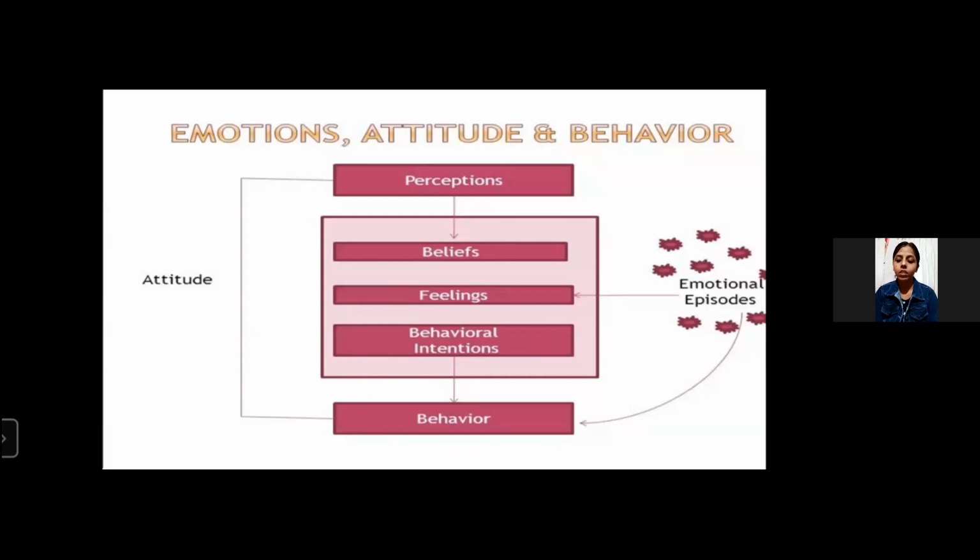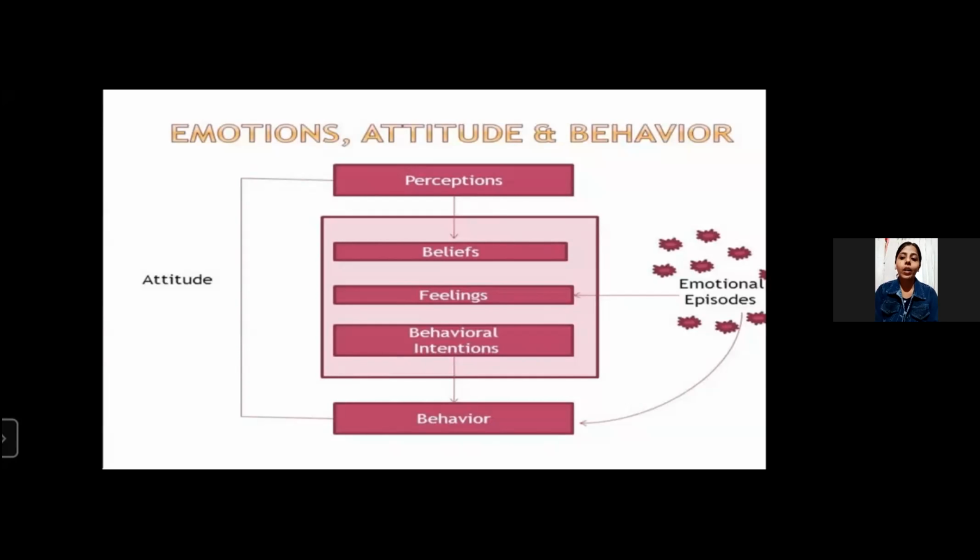Coming to the next part, job attitudes. Perceived organizational support, that is POS, is the degree to which employees believe the organization values their contribution and cares about their well-being. Employee engagement is an individual's involvement with, satisfaction with, and enthusiasm for their job, whatever they do.